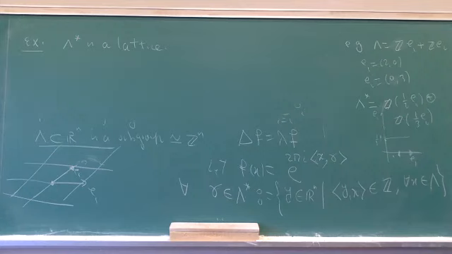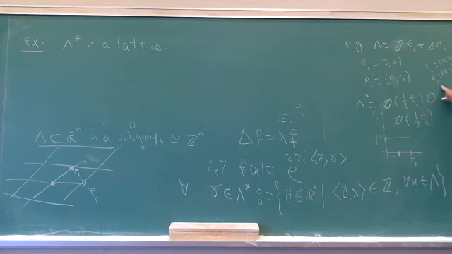You say it's spanned by 1/2 e1 and 1/3 e2, but e1 is the vector (2, 0) and e2 is the vector (0, 3).